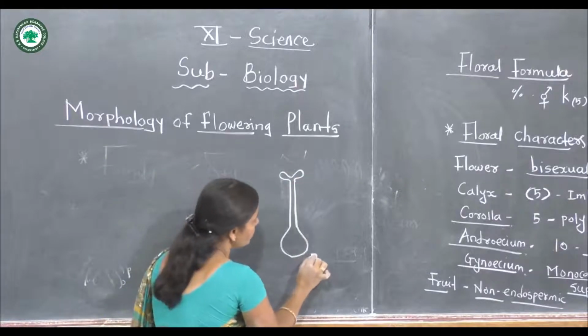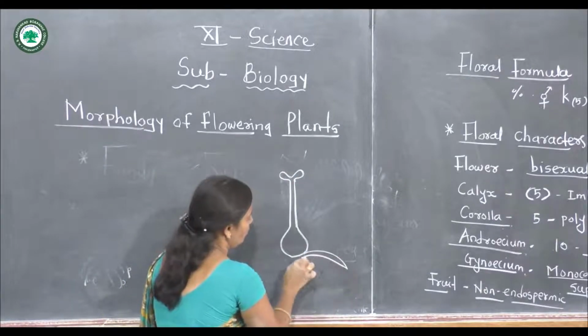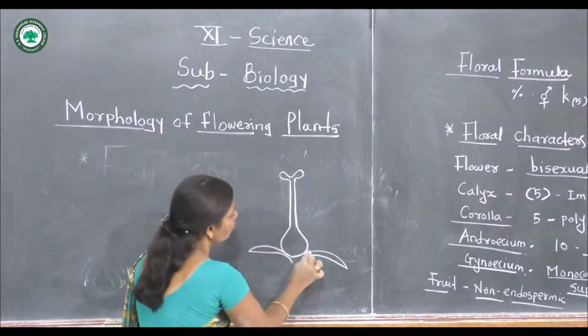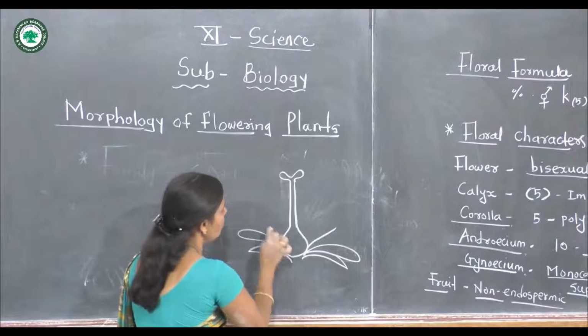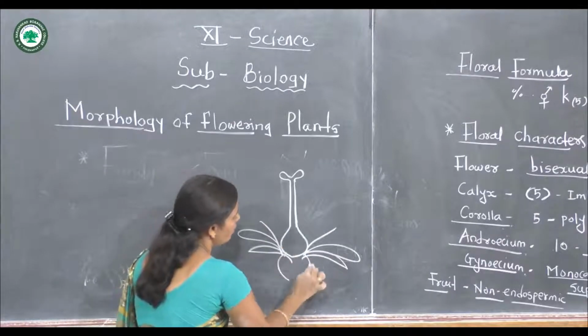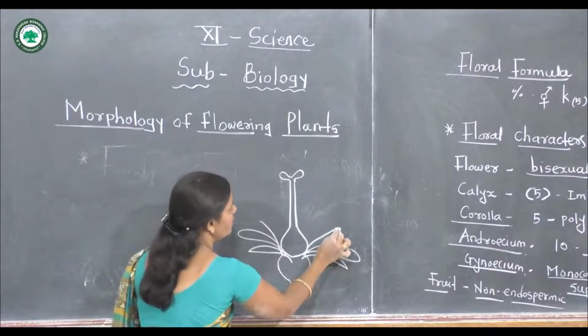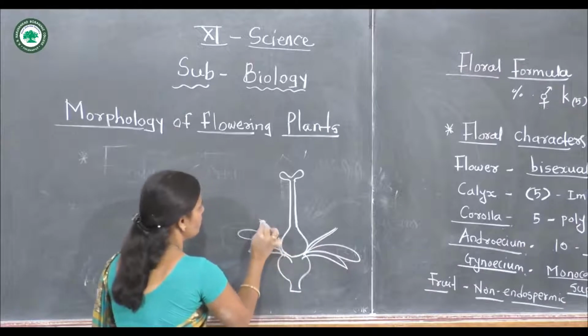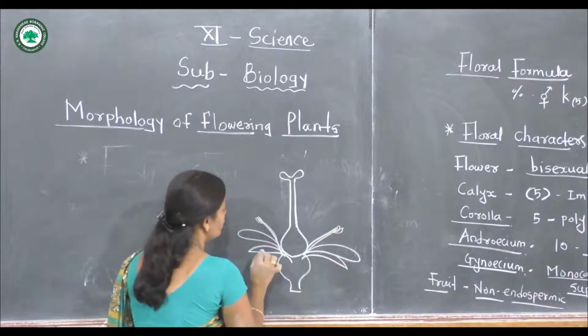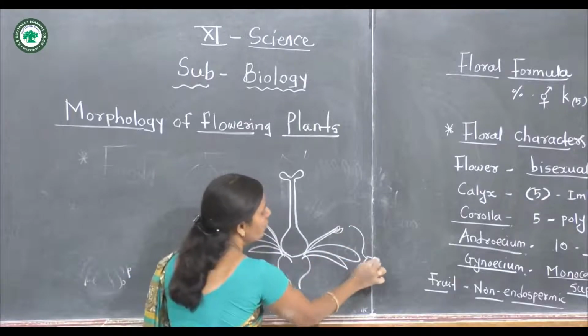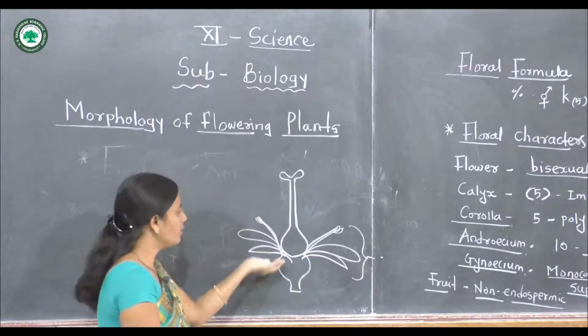The calyx and other floral parts are below the ovary. These other floral whorls, the androecium, petals and sepals, are present below and the ovary is above.